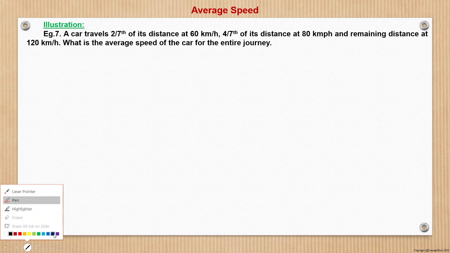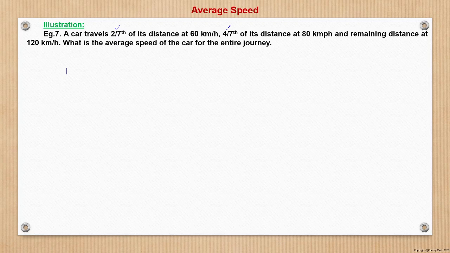since we know that we cannot use the allegation approach when there are more than two cases or fractions. Here we have three parts, right? 2/7, 4/7, and then another part is 1/7. So in this case we cannot use allegation.